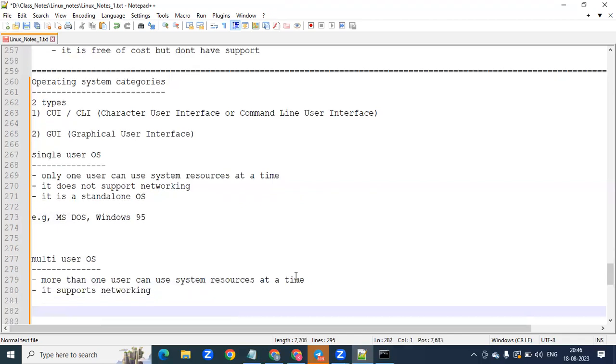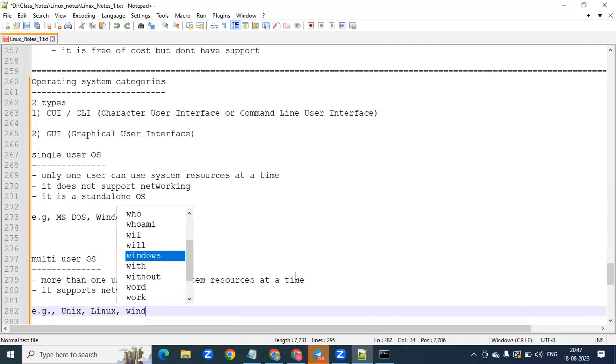Multiple users means either 2 users, 3 users, 10 users, depending on the system we are using. Examples: Linux, and currently even Windows servers we have.